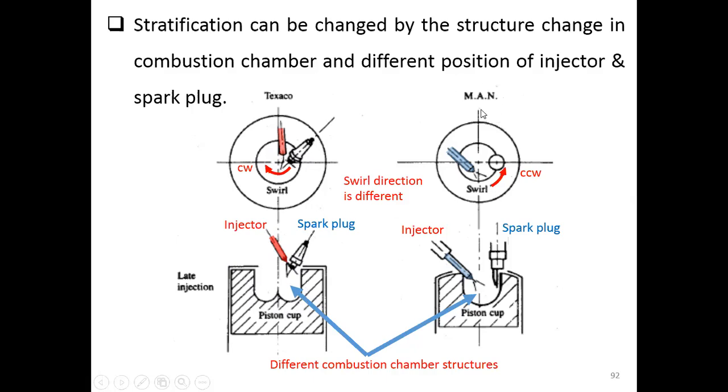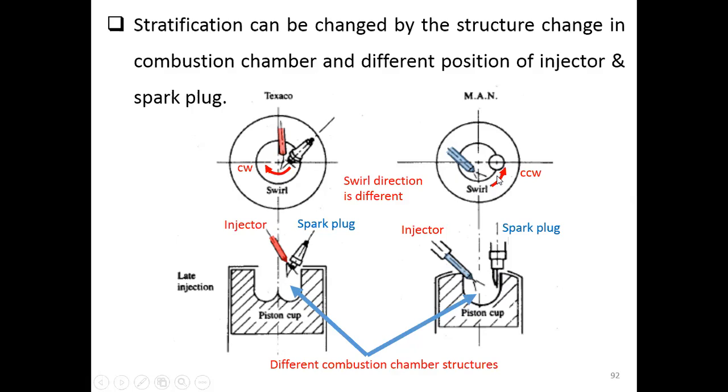And then for the MAN manufacturer here, they put the injector away from the spark plug, and the shape of the combustion chamber looks like a cup here. By doing this, the swirl of the fuel or the mixture goes in the counterclockwise direction.